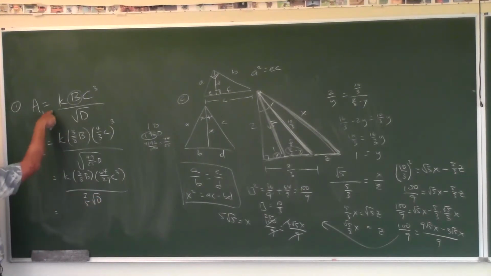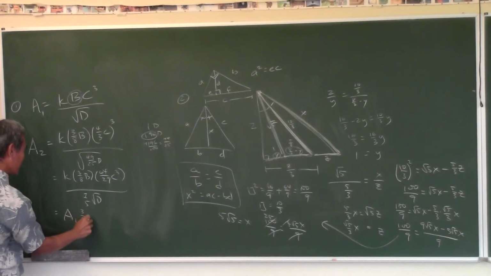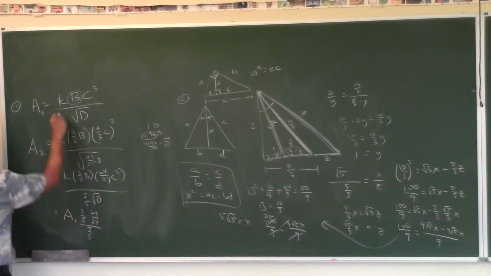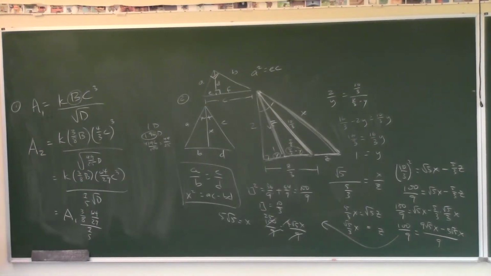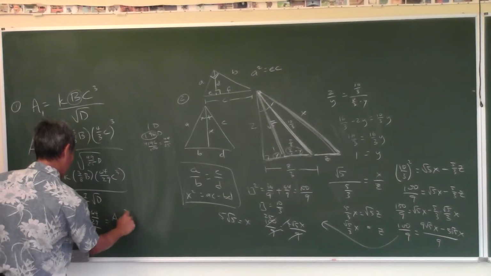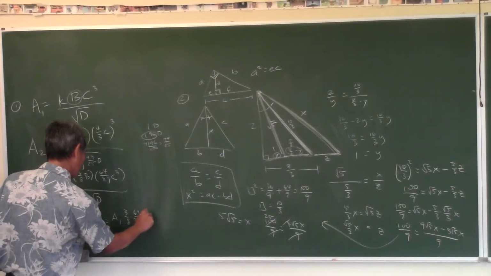So compared to the original one, which is A1, isn't that 3/8 times 64 over 27 over 7/5 times the original? So that's how much you're going to be left with after all these changes occur. So let's simplify that. That's A1 times 3/8 times 64 over 27 times 5/7.